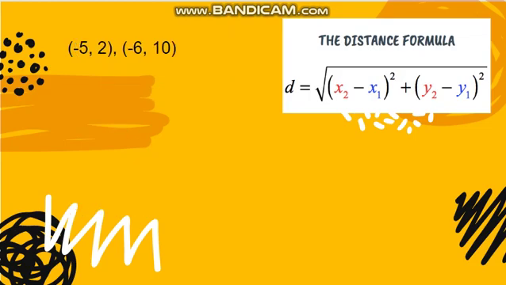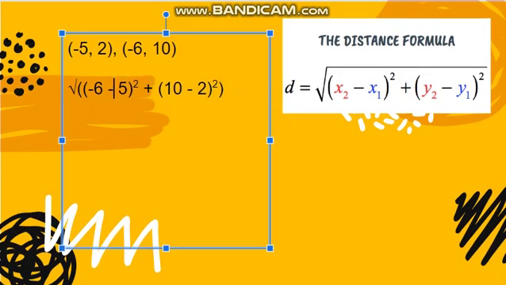Okay, the second one we're going to do, we've got negative 5, 2 and negative 6, 10. Plug that in. x2, x1, y2, y1, all lined up well. Remember, originally that's minus negative, but now it's plus a positive.